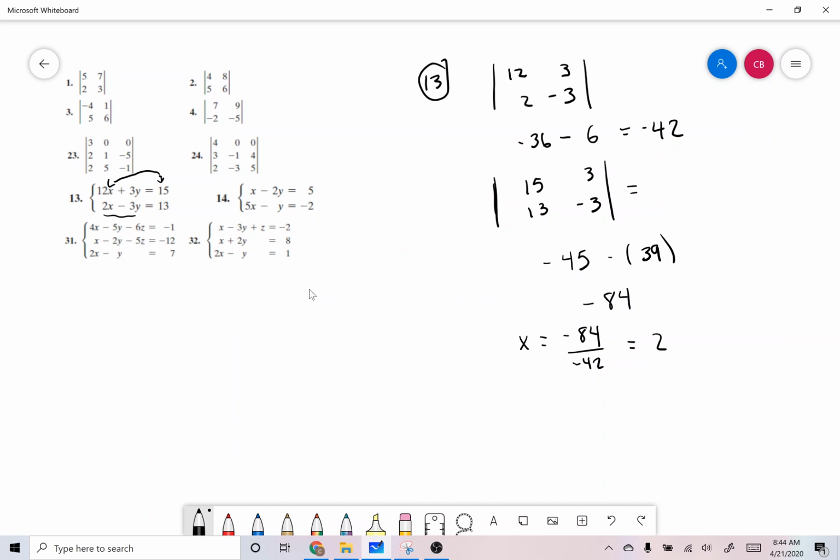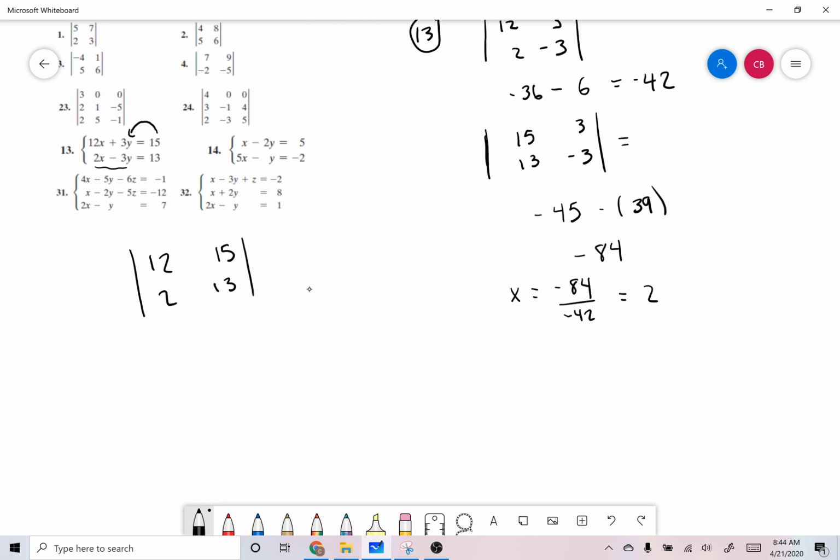Now we're going to do the same thing, but instead of plugging them in for x, we're going to plug them in for y. This is 12 and 2, and 15 and 13 now. 12 and 13 is 144 plus 12. 156 minus 30, which is 126, I think.